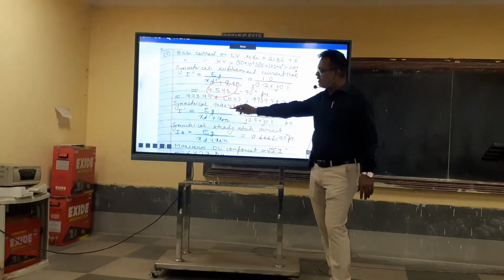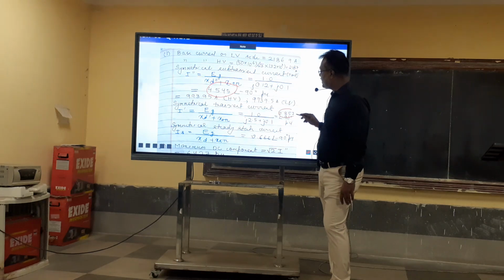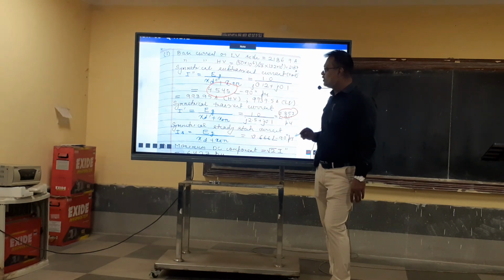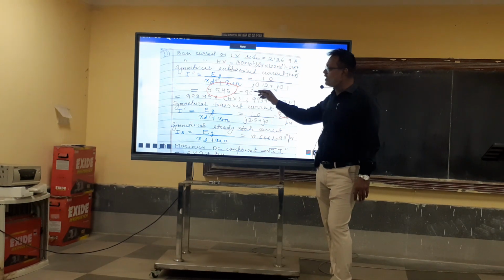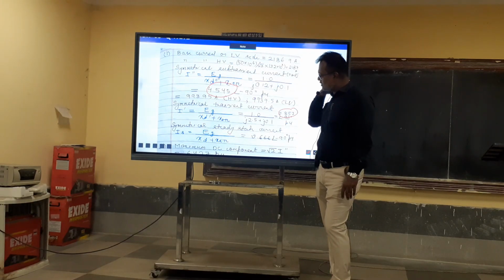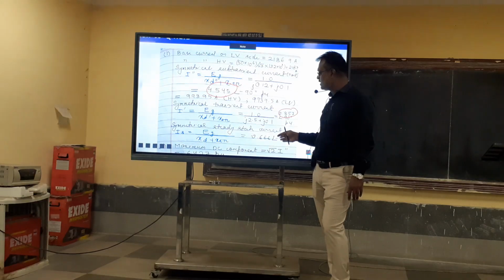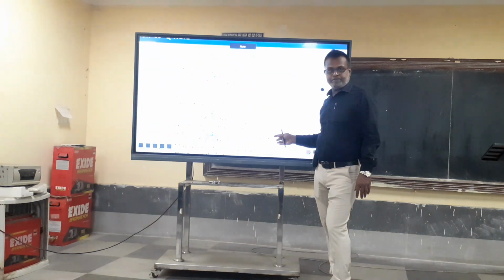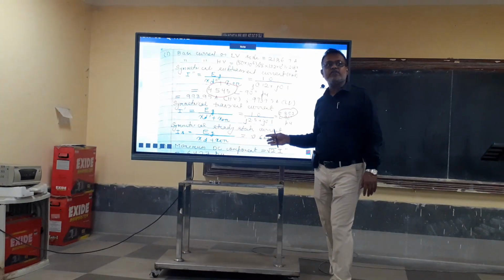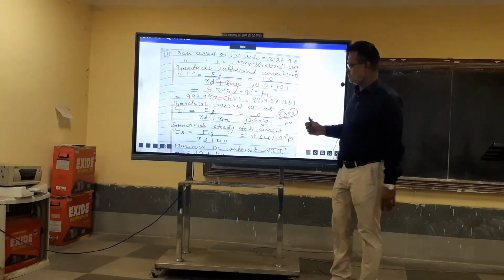Similarly, here it is 2.8 times the rated current. Note that the subtransient, transient as well as steady state currents lag the voltage by 90 degrees, because we are considering pure reactance.